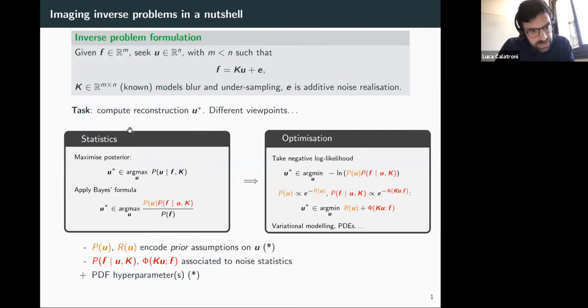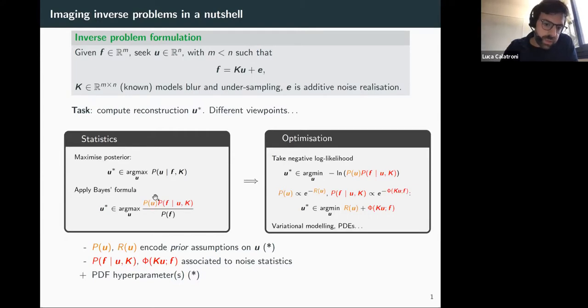The first one is the statistical paradigm, where the idea is to solve this problem by modeling the different ingredients, in particular u and f, in terms of their probability density function. In particular, one can then define a solution u star as the maximizer of the posterior probability, which by standard application of the Bayes formula can be expressed in this way, where we see different contributions.